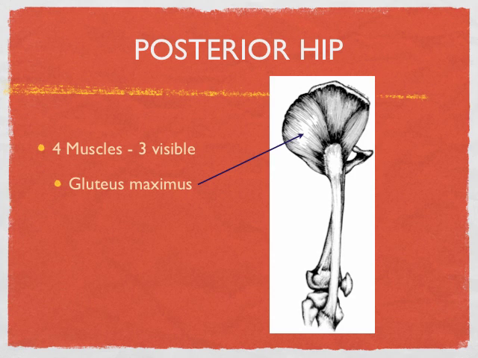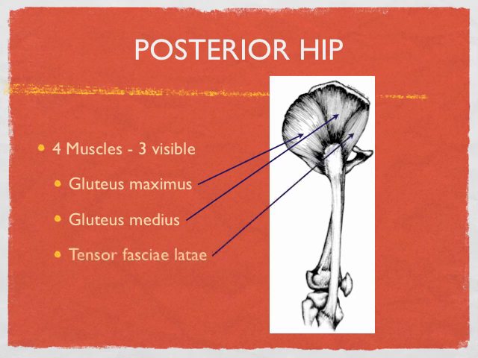So gluteus maximus is there in the back. Second muscle, gluteus medius, you can see here is absolutely lateral on the hip. There's a small, slender muscle toward the front of this lateral posterior group. This is the anteriormost of the posterior group, called tensor fasciae latae. Big, fancy name for a fairly small muscle.